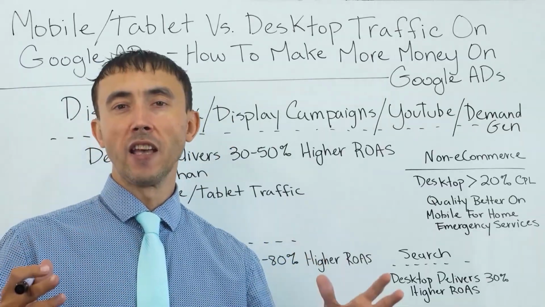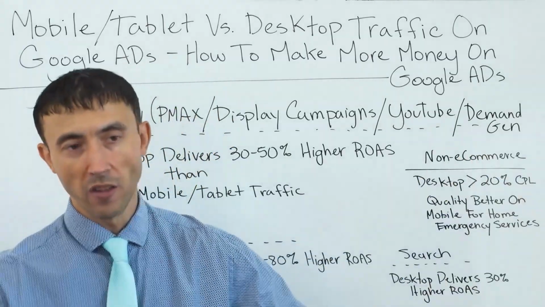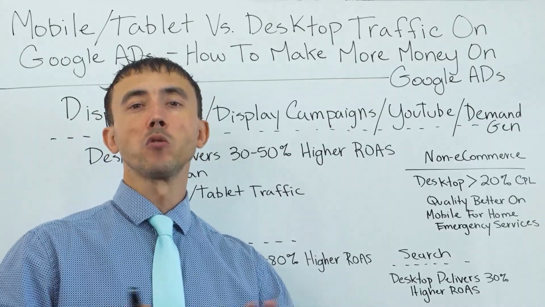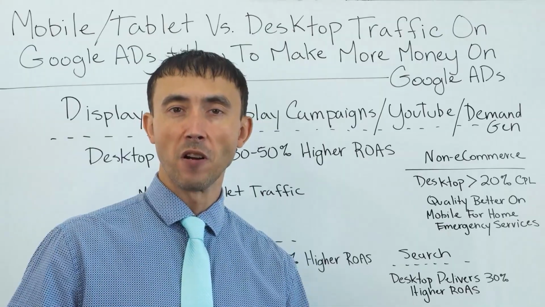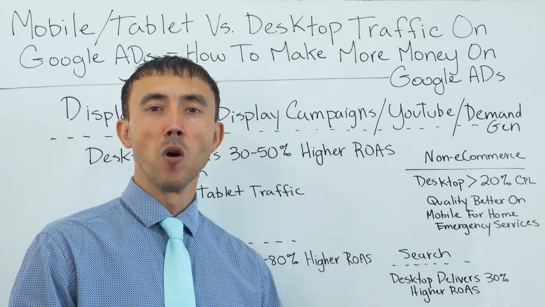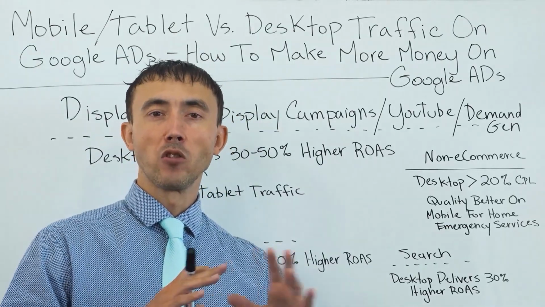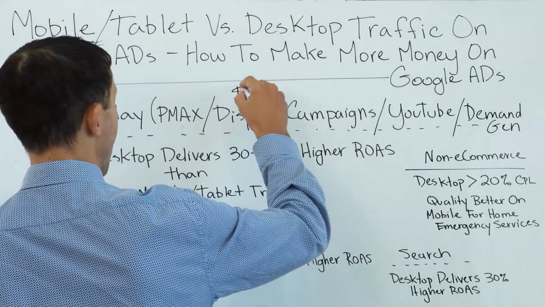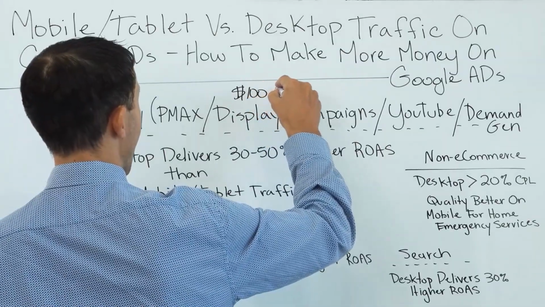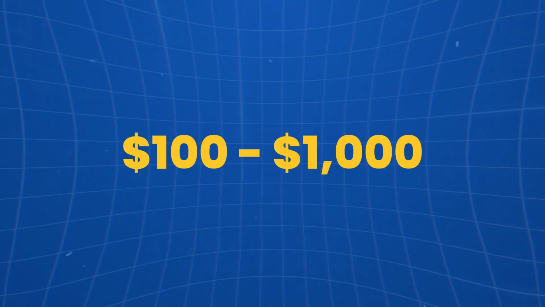So I could go all day in terms of different scenarios, this market, that market. So I'll just go through some generalities here that will cover most of the bases of what you need to know whether you're going to use mobile versus desktop traffic for your business. So if we say right off the bat that what we sell is between $100 and $1,000, okay?